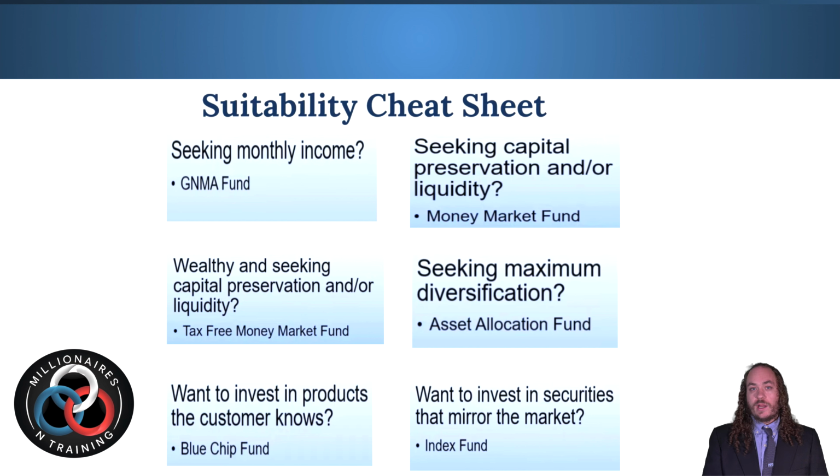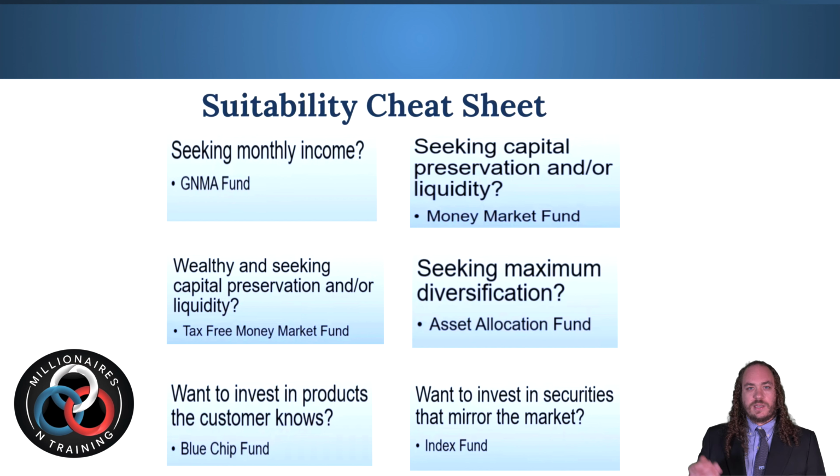The SEC requires that you reaffirm a client's financial profile a minimum of once every 3 years. Having great customer service, I would very highly recommend doing it at least once per year.